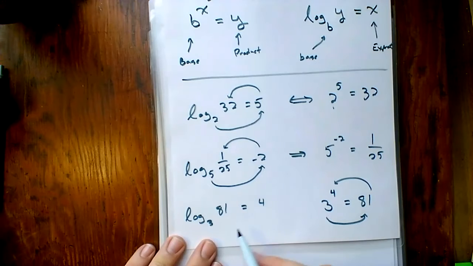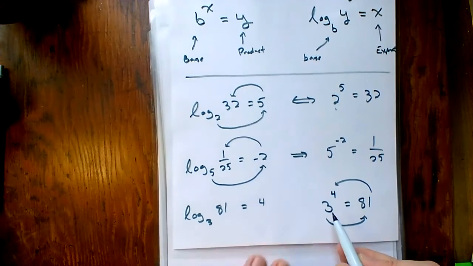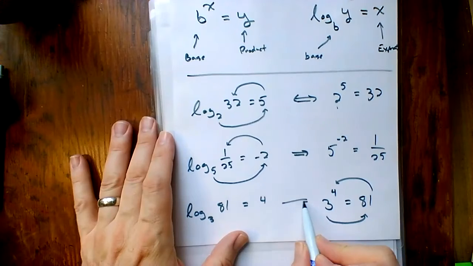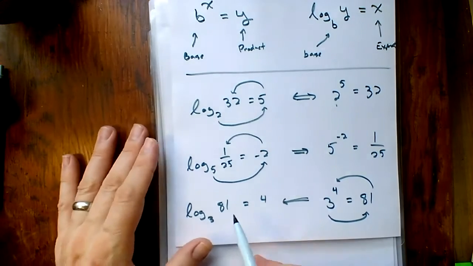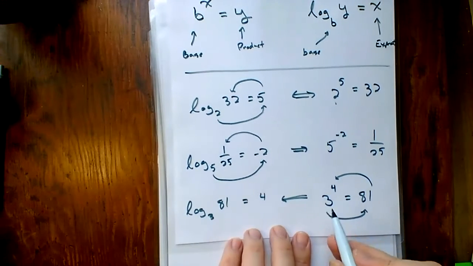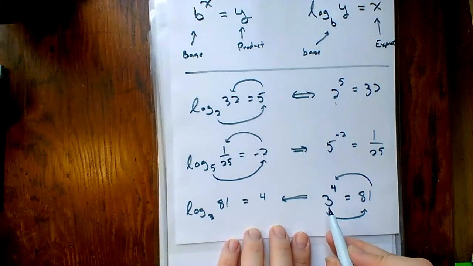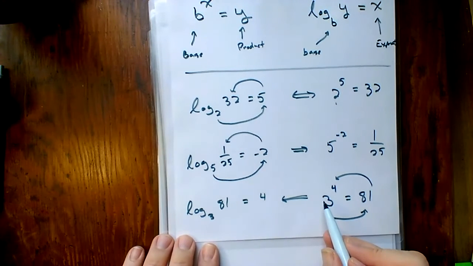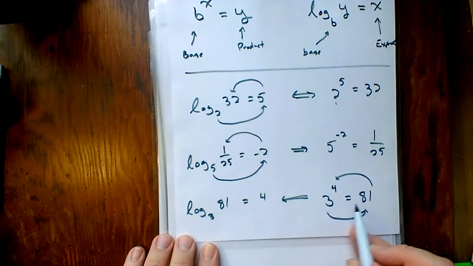So 3 to the fourth is 81. This is the same, so we can use this spiral method. Always start with the base, either the base of the logarithm or the base of the exponent, and move to the opposite side.